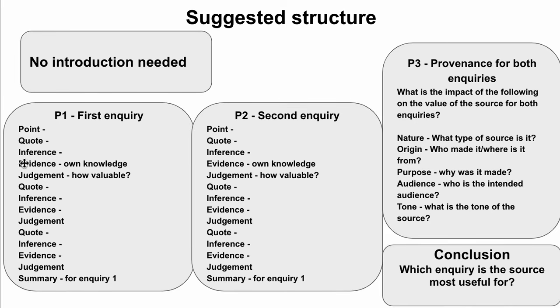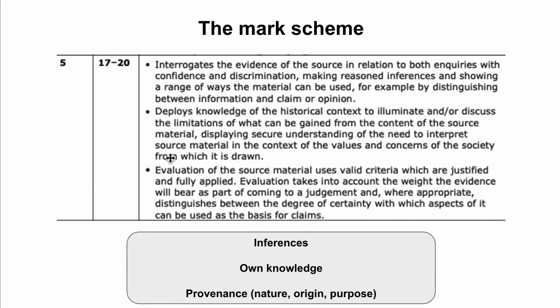So if you're doing 3 quotes and 3 inferences, 3 pieces of own knowledge and 3 judgments per inquiry, that is really showing a range of ways the material can be used. Similarly, this second bullet point deploys knowledge of historical context to illuminate and or discuss limitations.